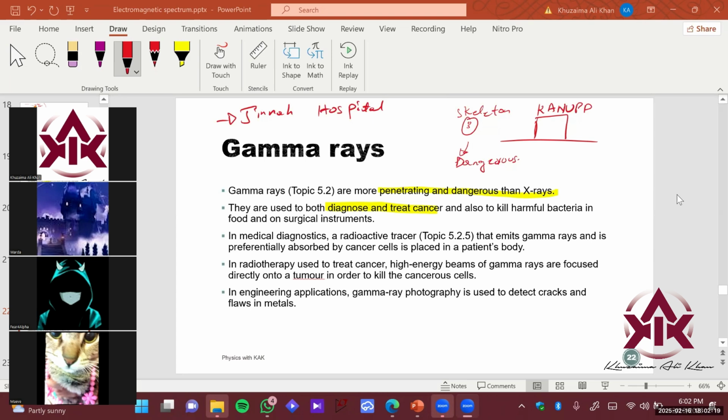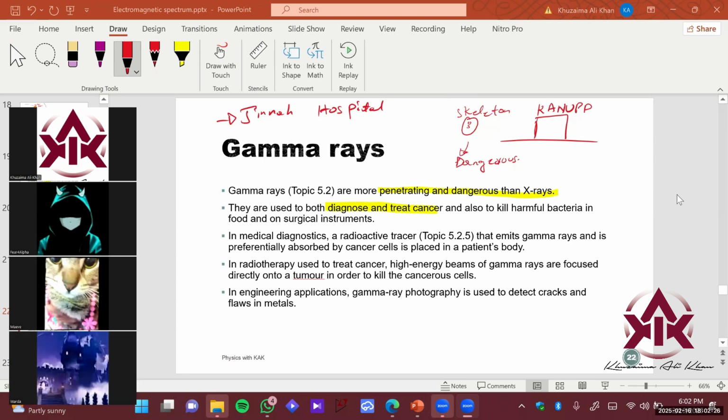But if you expose yourself to a very little amount of gamma ray, that can lead towards creating a cancer cell, right? So it is used to kill cancer cells, but a little overexposure can also create cancer cells in your body by using gamma rays, right? It's pretty harmful.